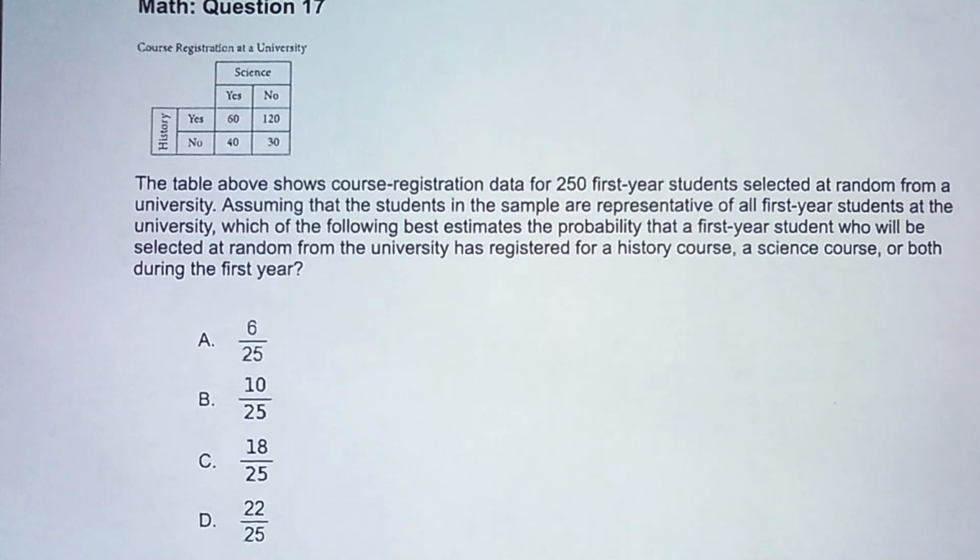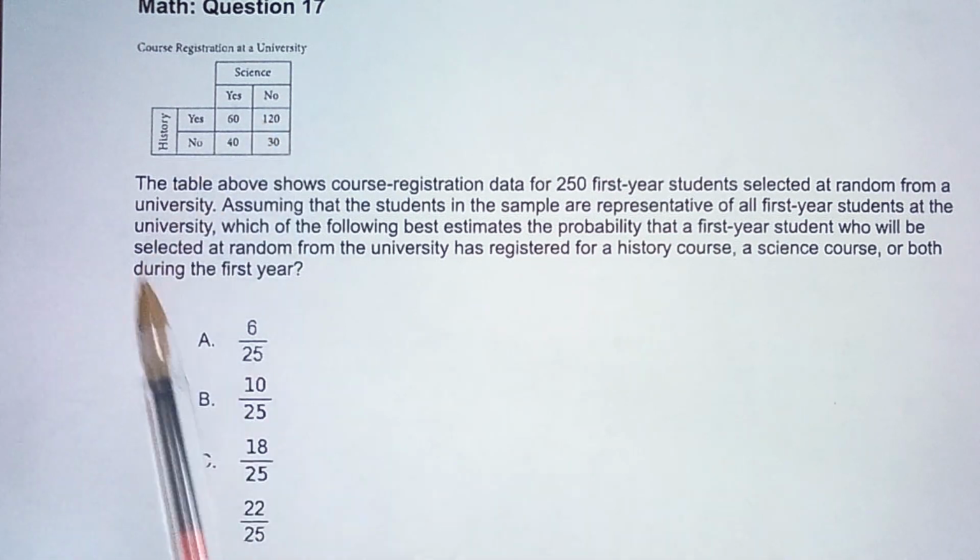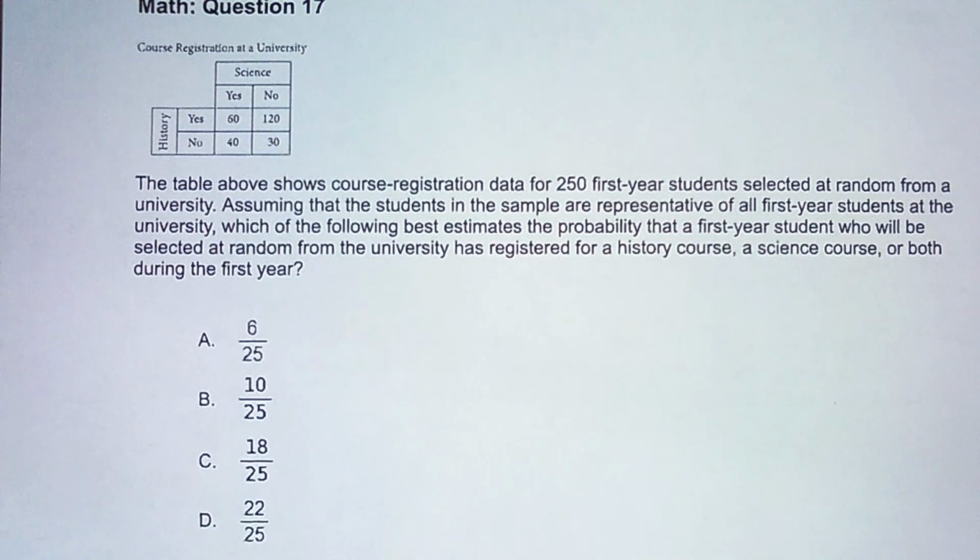Okay, number 17. Course registration at a university falls into this table. The table above shows course registration data for 250 first-year students selected at random from a university.